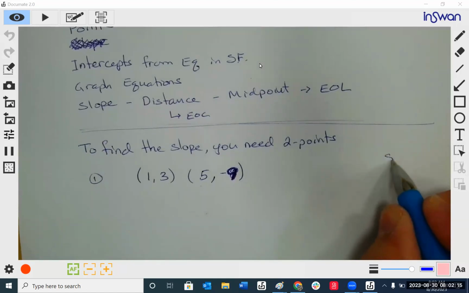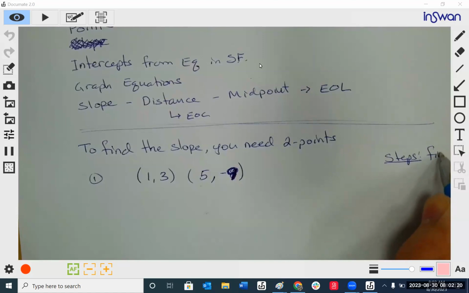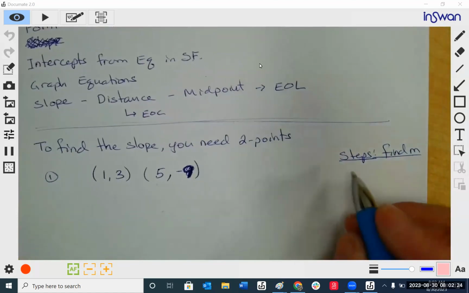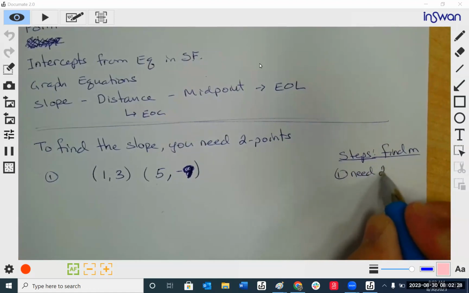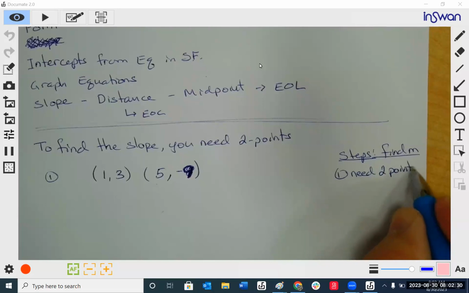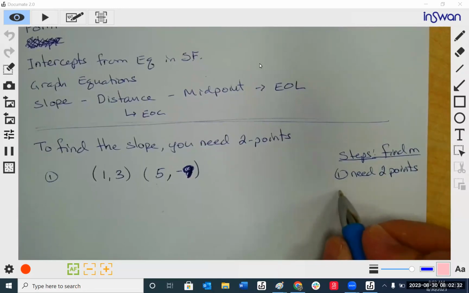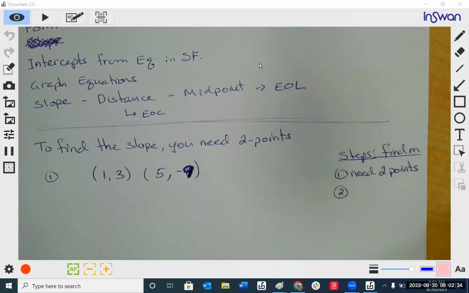I'll put the steps over here. Find M. What else do you have to do? Yes, but before you plug in values, what do you have to do?